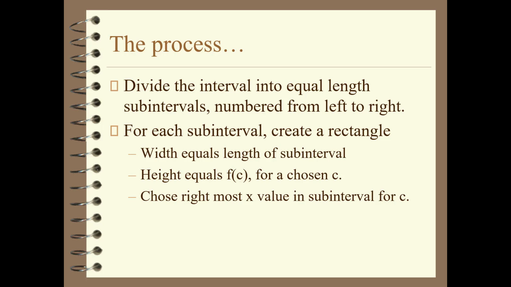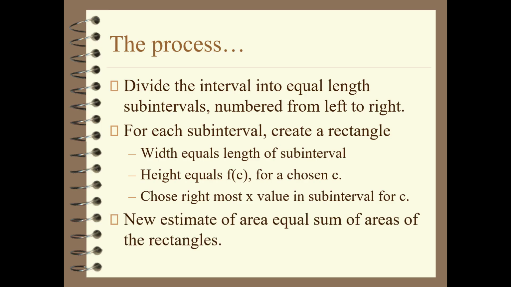The height will equal a function value, where we find the function value by evaluating the function at an x value c inside that subinterval. And to make things easy, we'll always choose in every subinterval the rightmost x value for c. This new estimate will then be the sum of the areas of these rectangles.